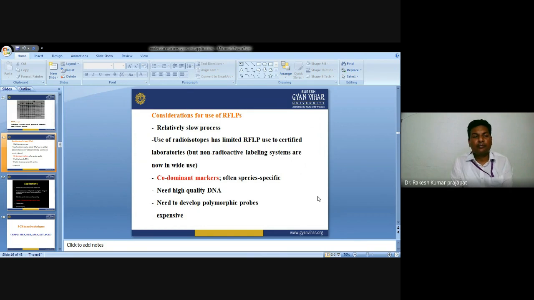The use of radioactive isotopes has limited RFLP use in certified laboratories, but non-radioactive labeling systems are allowed. It is a codominant marker, species specific, needs high quality DNA, and needs polymorphic probes to be developed. It is also somewhat expensive.